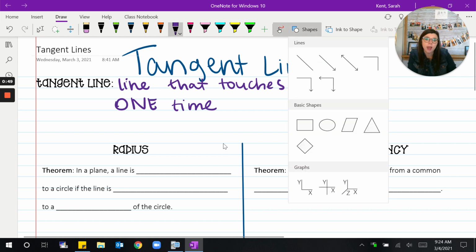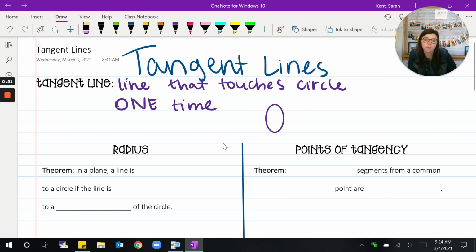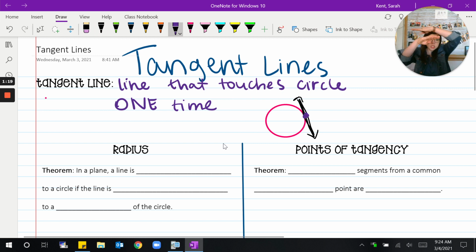So when we're looking at our circle, we have a circle like this, make it pink, and then if we have a tangent line, it touches just once. So our tangent line looks something like this, where that point of tangency is right here, and it just touches the circle and then moves past it. So that is our tangent line.